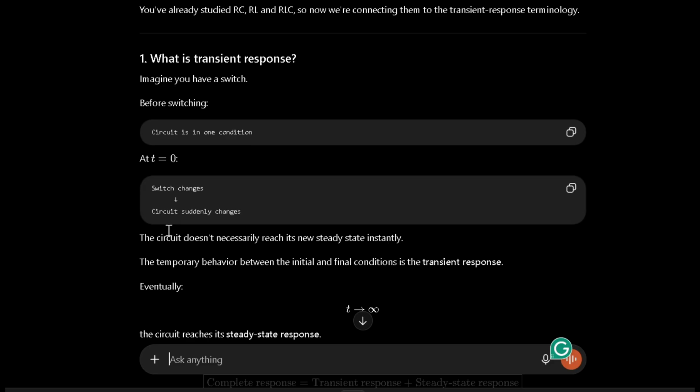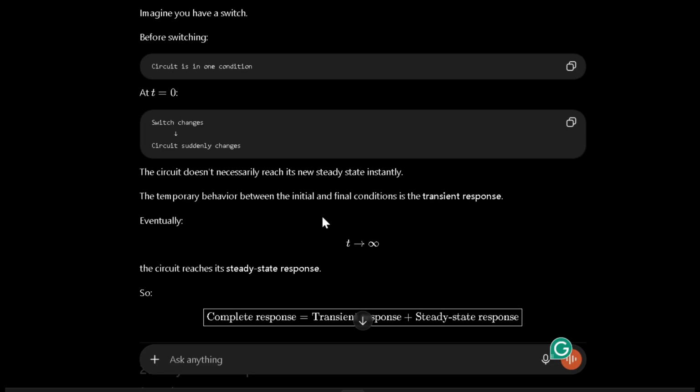Like for the capacitor, I don't remember exactly, but it is current max and voltage equals 0, and for the inductor voltage equals 0 and the current is max. Current is 0 and voltage is max. I'm thinking I forgot that, but it is the main point. The final condition is something like that.